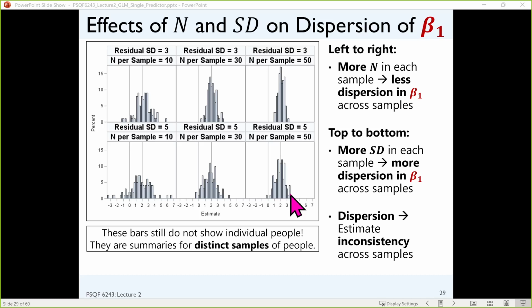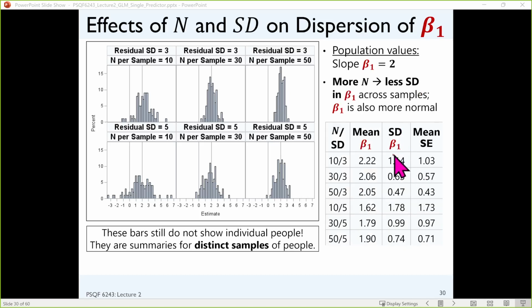If I got more people, then any one sample slope is going to be more consistent with what it's supposed to be. You'll see less variability across samples in what the slope ends up being. And if I have a better model in terms of the variability that's left over, if the E variance remaining is smaller, then the slope is going to be better too, more consistent.